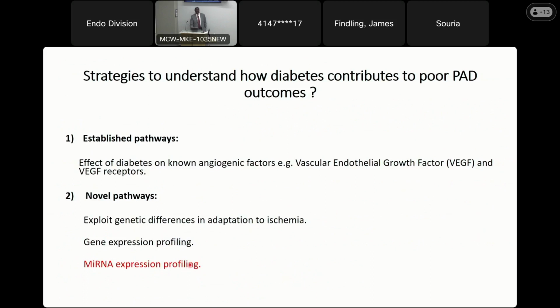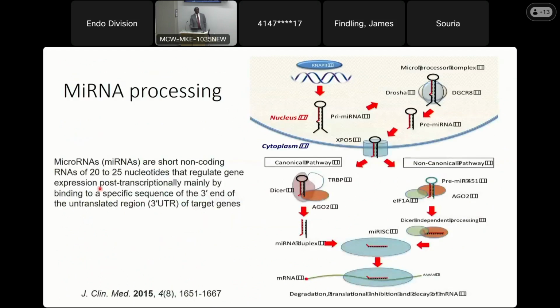And the last approach that we've taken is microRNA expression profiling. And for those who may not be familiar with microRNAs, I thought I'd throw one slide in there that would give you some sense of that. So microRNAs are short non-coding RNAs, about 20 to 23 nucleotides, that regulate gene expression post-transcriptionally, mainly by binding to a specific sequence of the 3' end of the mRNA, the 3' UTR of the target genes.